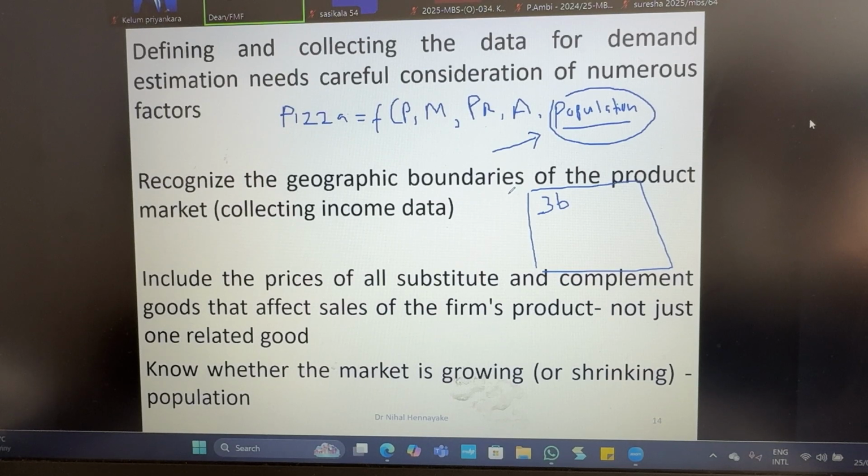But even if you see slight changes in the population, this is because of newborn babies, whose age is below 3 years. Even with babies aged 3 or below added to the population, do you think this population change will make an impact on the pizza demand? No. Why?